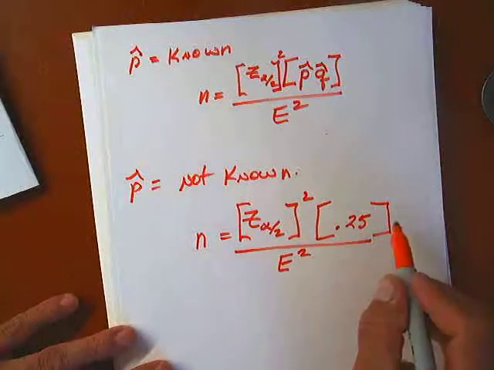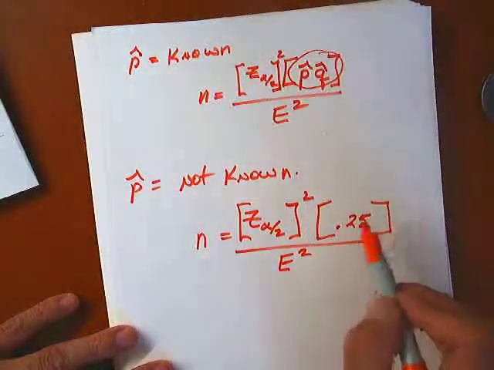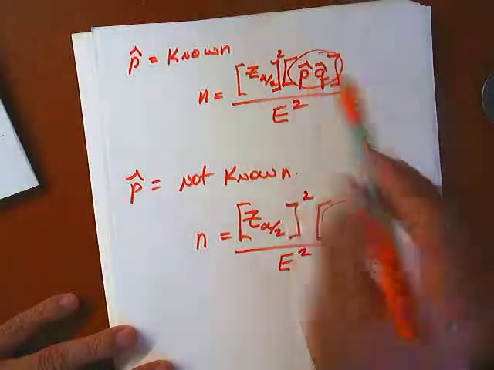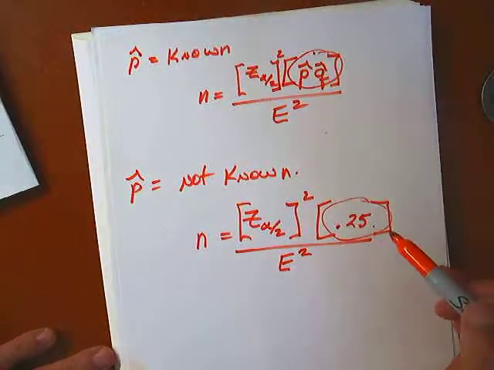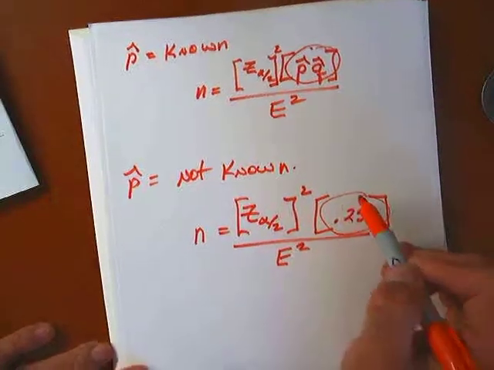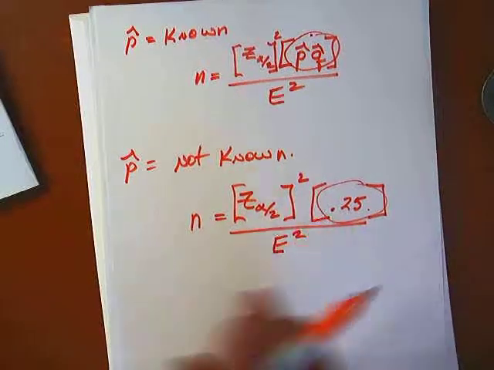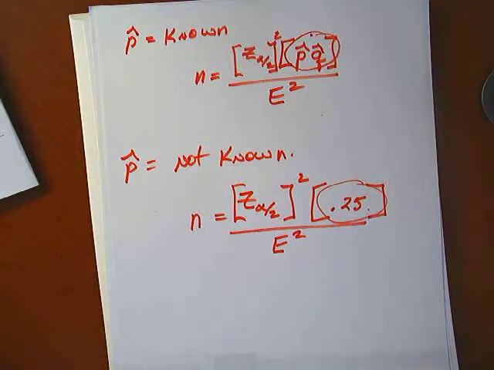And if p hat is not known, for your sample size, n is equal to z sub alpha over 2 squared, and then instead of p hat and q hat, you're going to type in 0.5 and 0.5, which is 0.25, and all that over your margin of error squared.